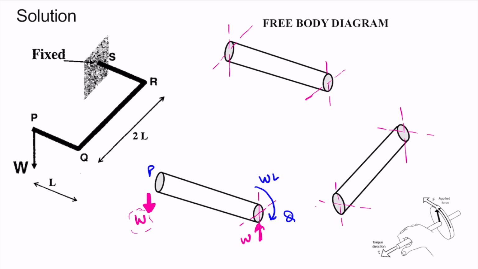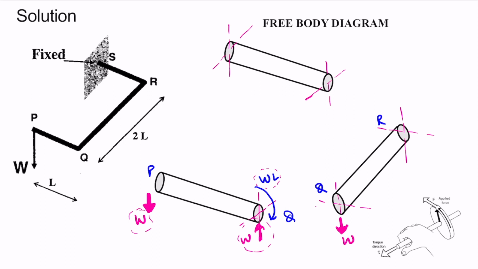Now let's see member QR. Since this is W load upwards, this point will have an equal and opposite point load W in the downward direction. Now let's see how this moment will be transferred. Since this WL is in clockwise direction, at this location this WL will be in anti-clockwise direction.